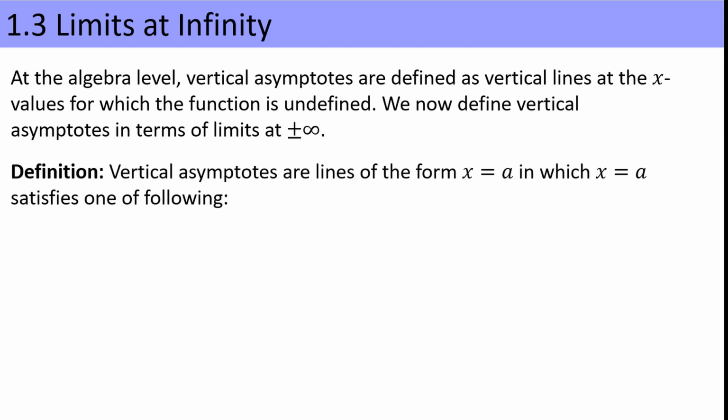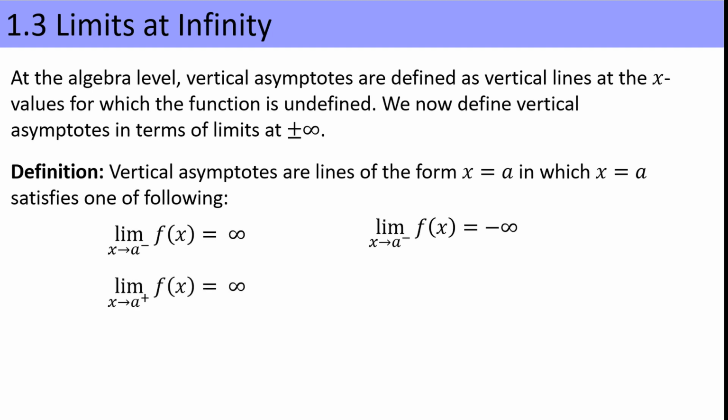Definition: vertical asymptotes are lines of the form x equals a in which x equals a satisfies one of the following: the limit as x approaches a from the left of f of x is positive infinity, or negative infinity, or the limit as x approaches a from the right of f of x equals positive infinity, or negative infinity.